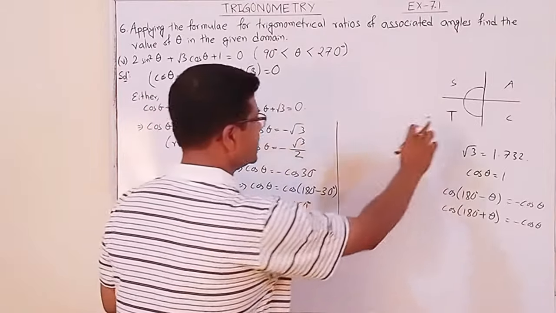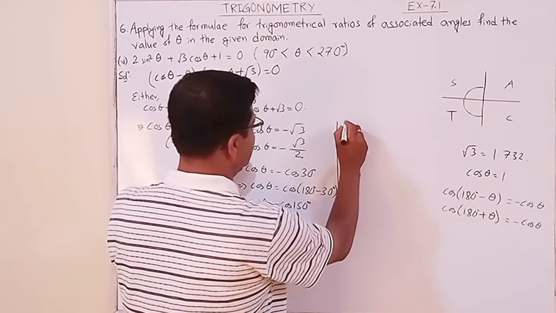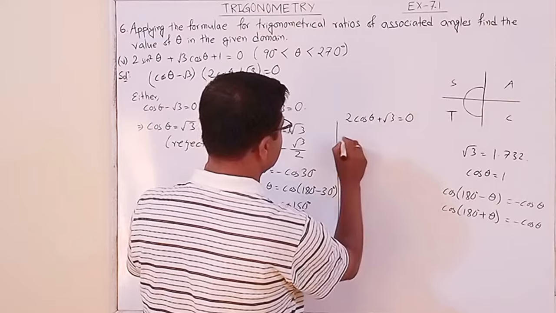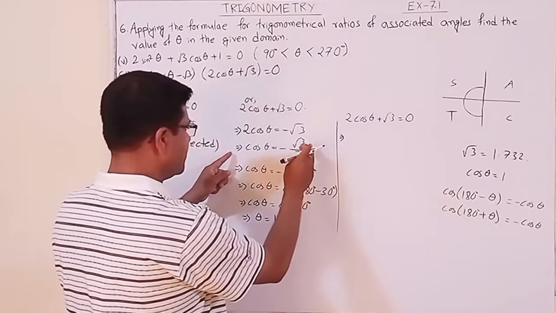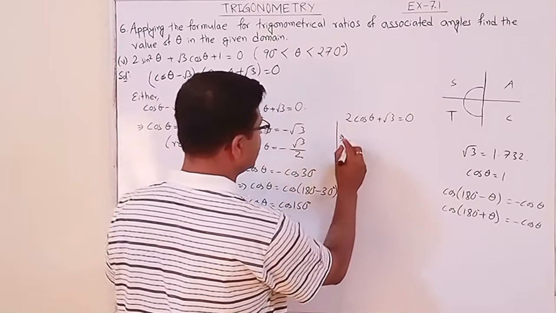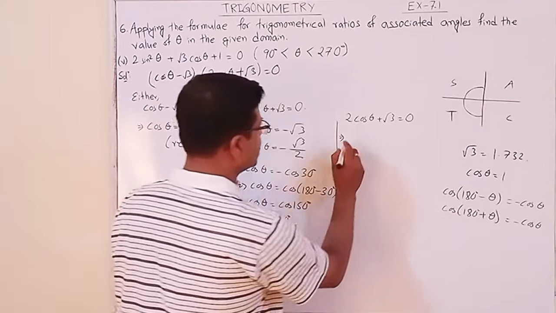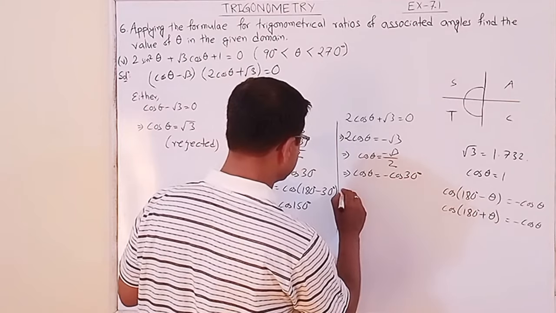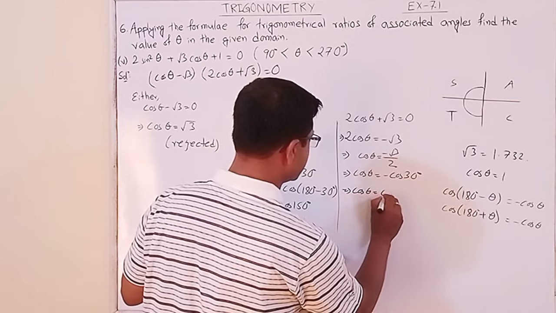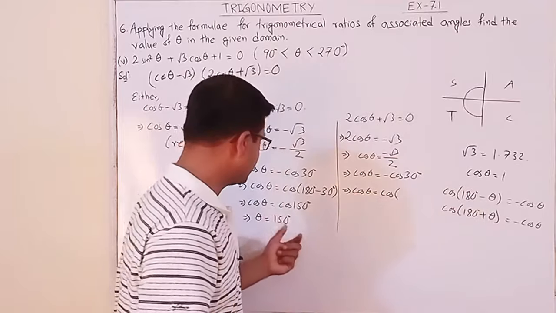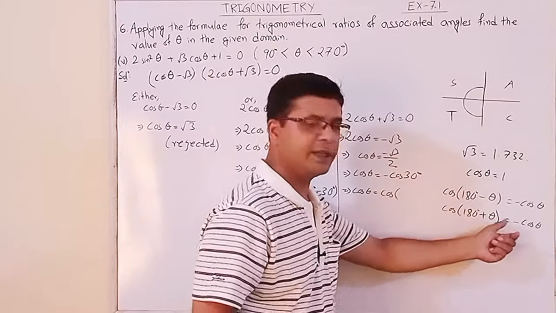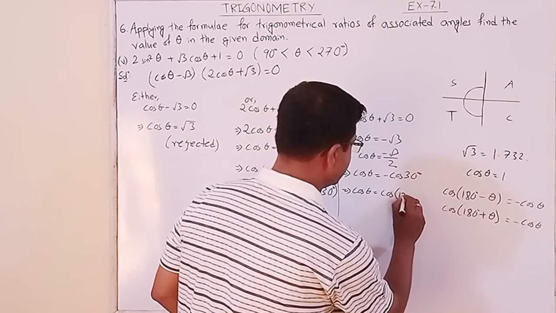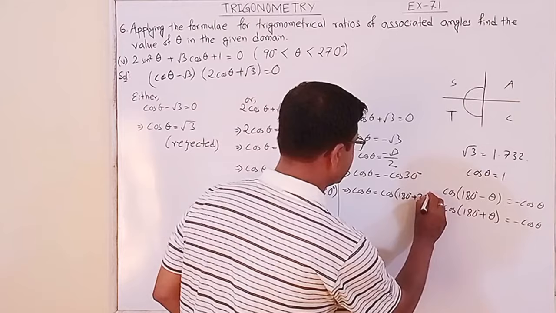Now let us do the third one. Let us start from here: twice cos theta plus root 3 equal to 0. Same thing we have to write. Directly you can start from here, no problem. Cos of 30 degree. In the third quadrant, we take 180 plus theta, because this is also minus cos theta, so 180 degree plus 30 degree.